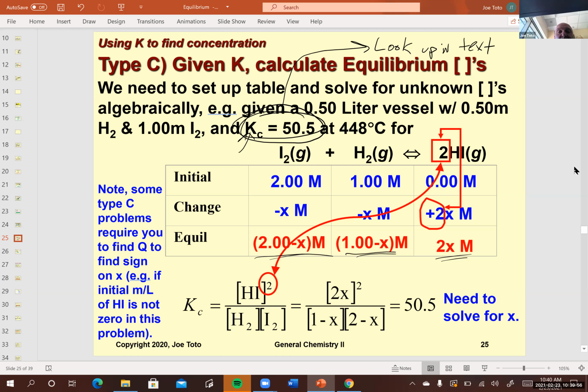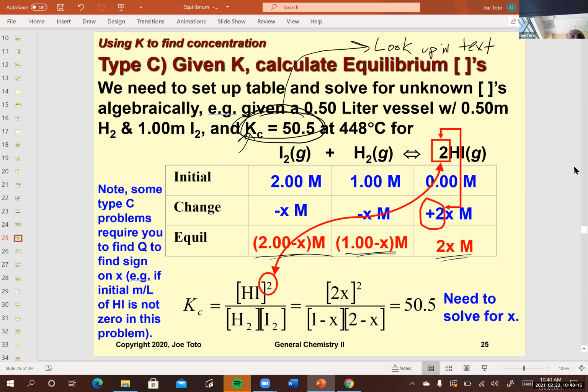Okay, so given a 0.5 liter vessel with 0.5 molar H2, 1 mole I2, and Kc, what are the equilibrium concentrations?